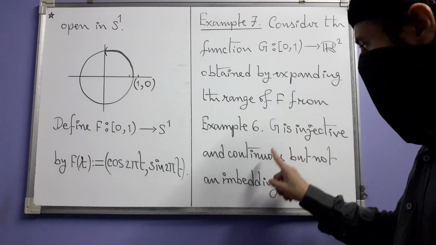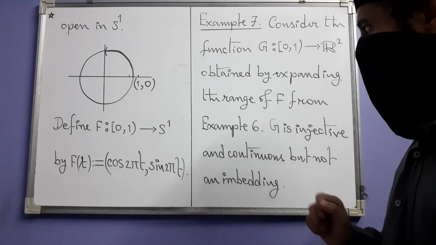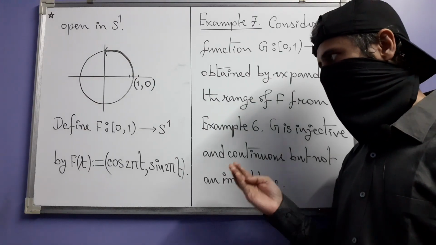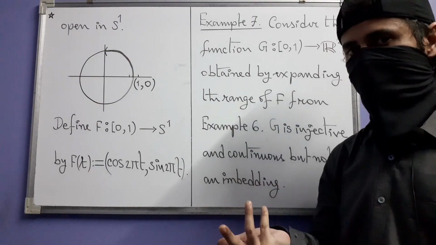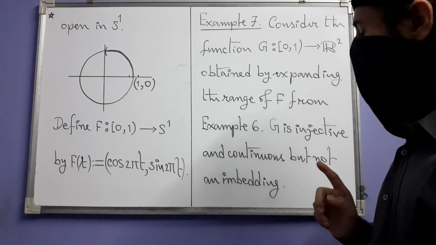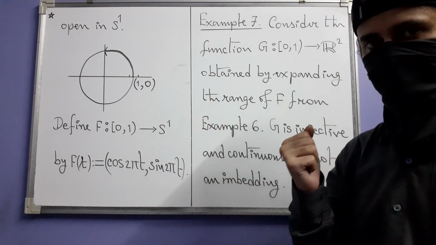But in spite of having these two properties, g fails to be an embedding. Why? Recall what an embedding is. For an embedding, you have to have the function injective first of all. Okay, g is injective, but then what should you do? You have to replace the range by the image set of the function.